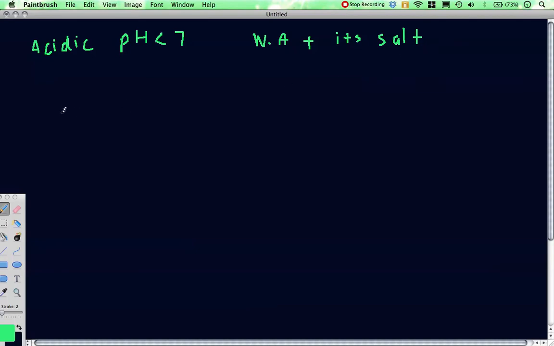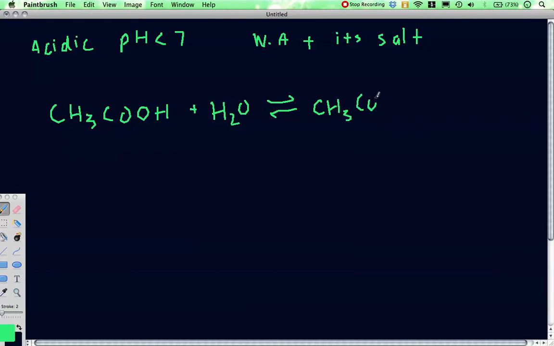Now, the reaction that you would draw up for an acidic buffer of acetic acid looks like this: our standard CH3COOH plus water, and we need double arrows in there. And then we've got CH3COO minus, which is our acetate ion, and we're dealing with an acid here, so we've got to put in some hydronium ions there as well.